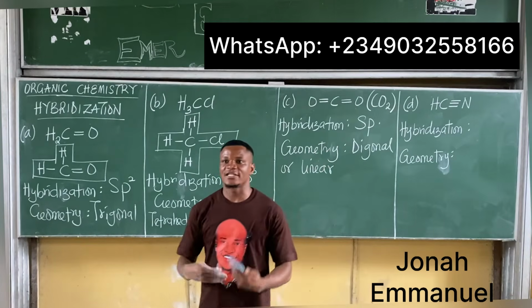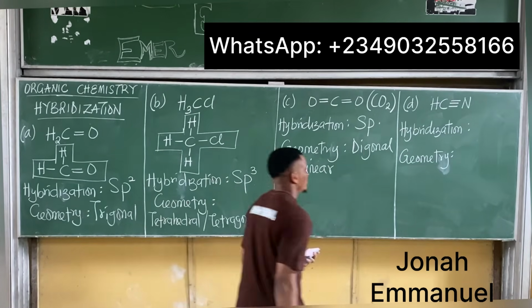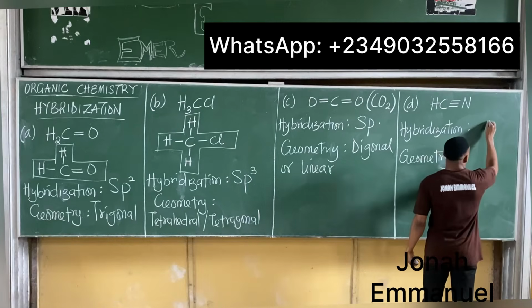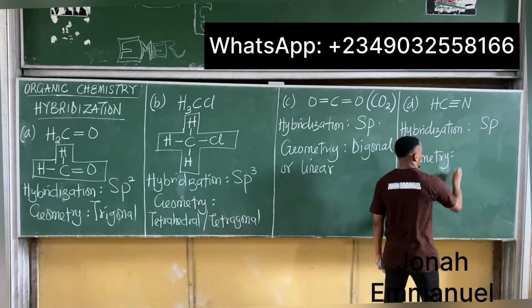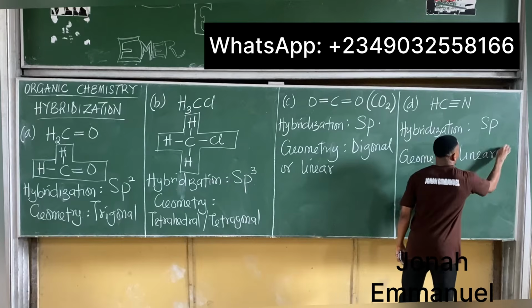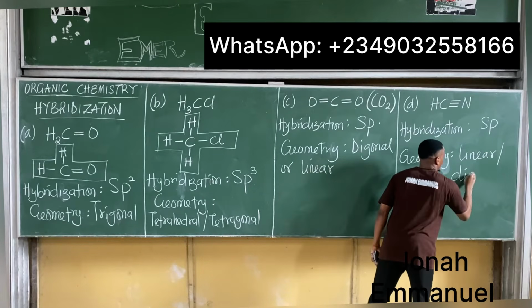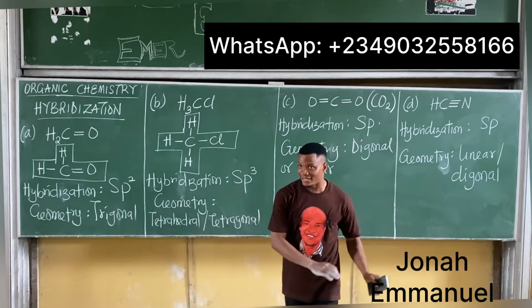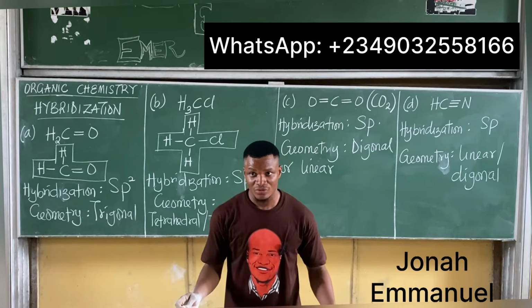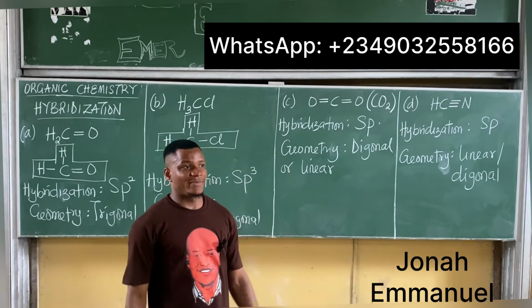Please, fast. What do you have for the first one? sp, it's a triple bond, sp. Geometry: linear or what there? Please, it's not diagonal, it's digonal, not diagonal. You're not dividing into 2. All right, so that's how we get this done.